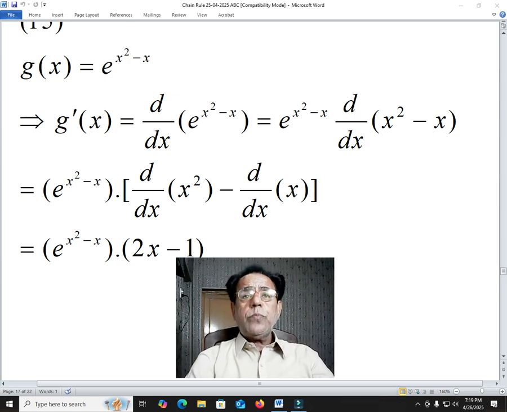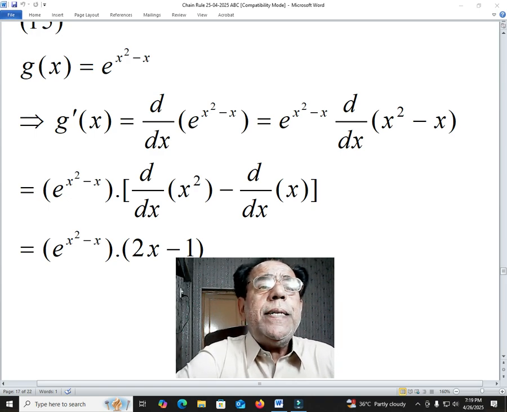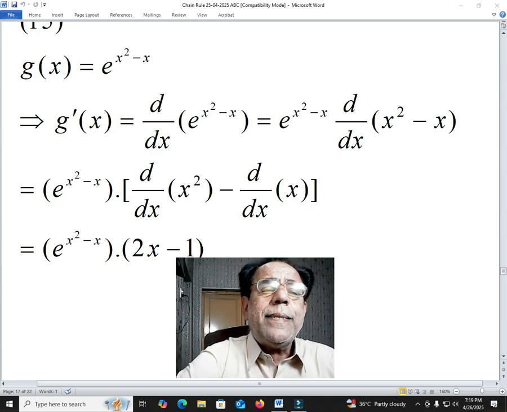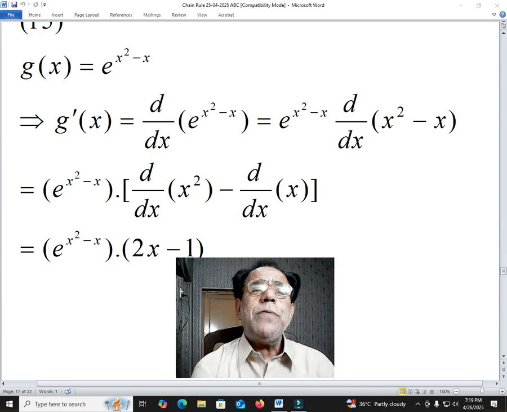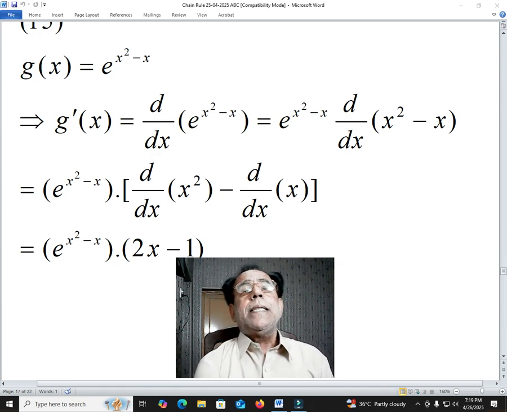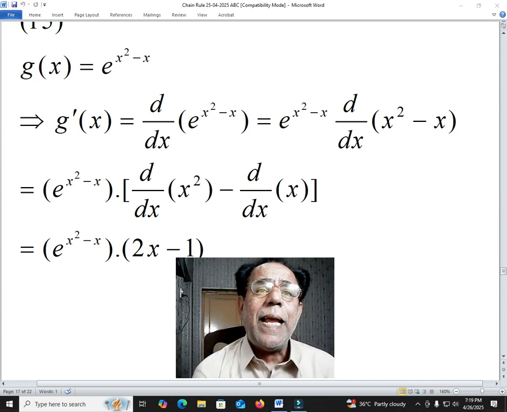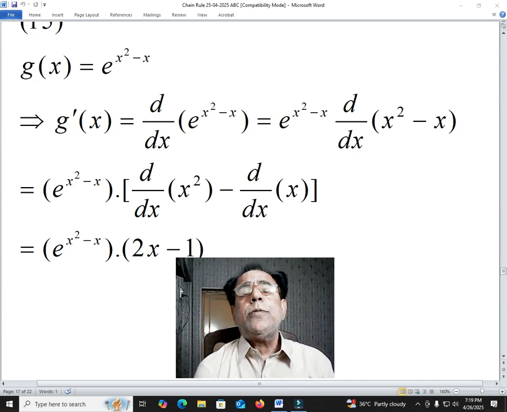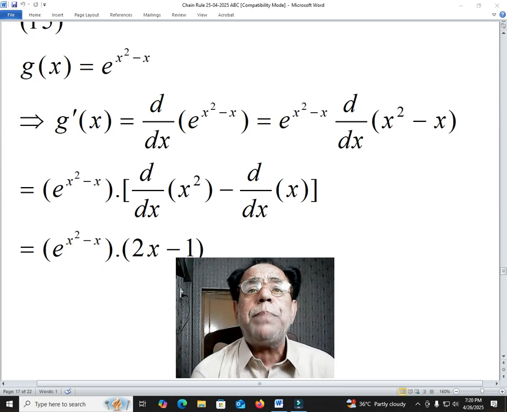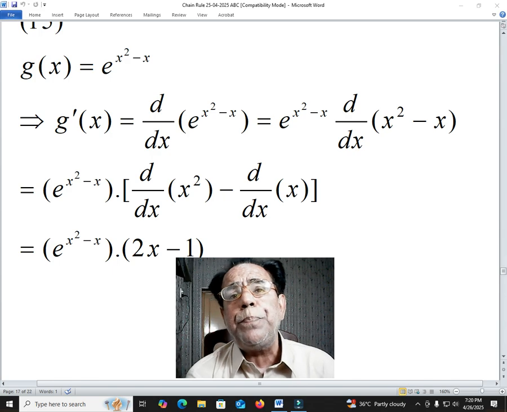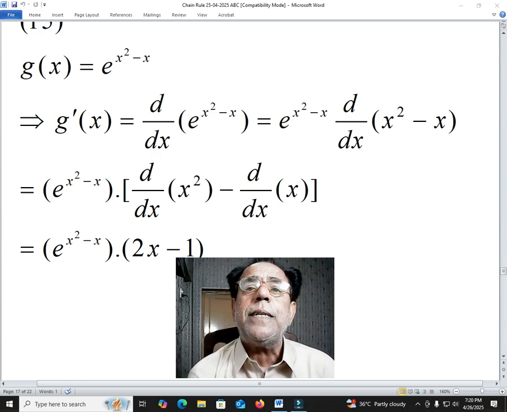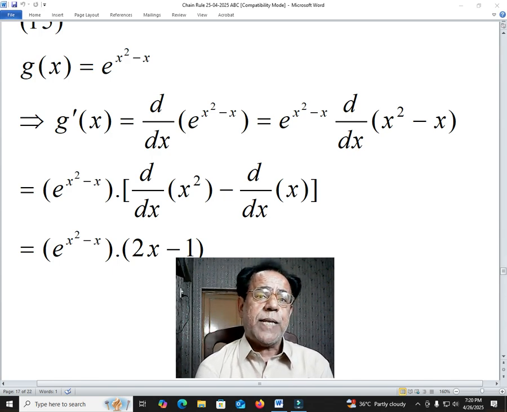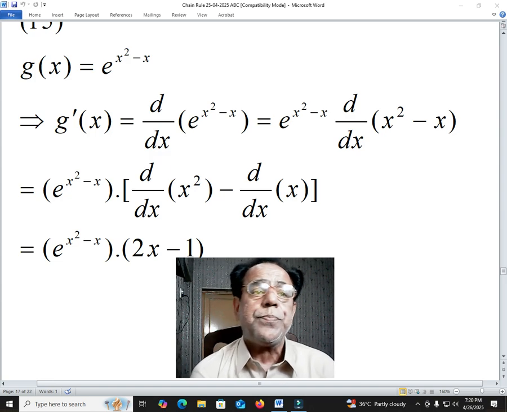Okay, so d over dx e raised to power x square minus x, first time it will become as it is, e raised to power x square minus x, then we will differentiate x square minus x, that is d over dx x square minus x. Dear students, the differentiation of x square with respect to x will give a result 2x, and differentiation of simply x with respect to x will give result unity 1, that is we will get 2x minus 1.